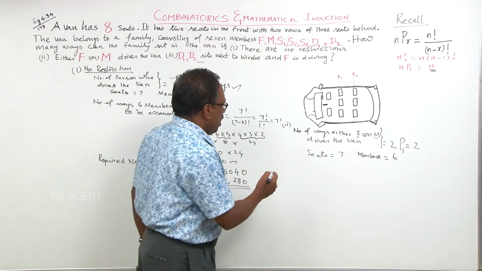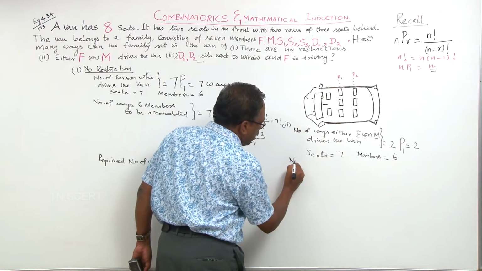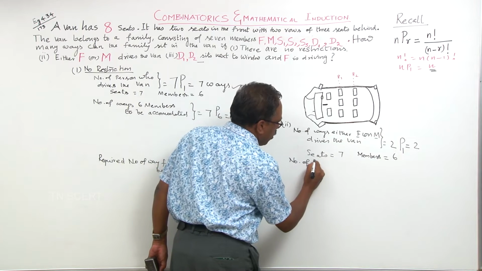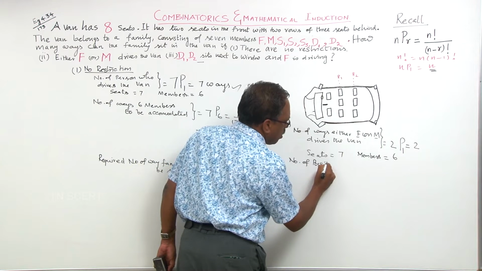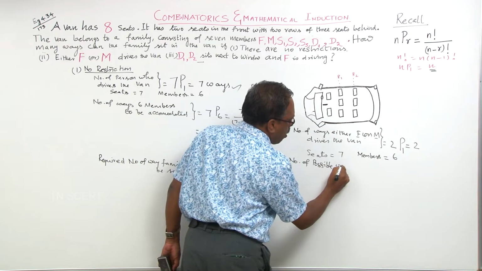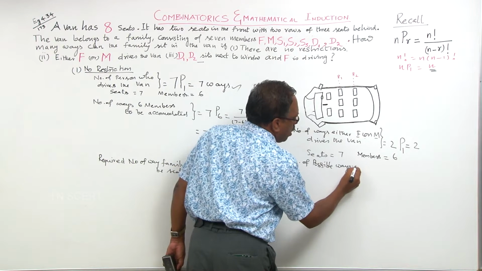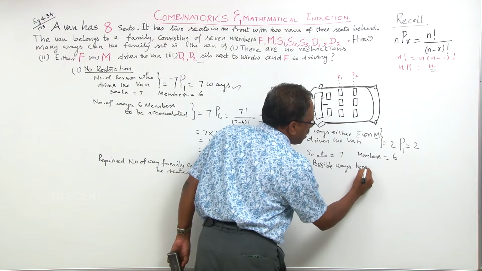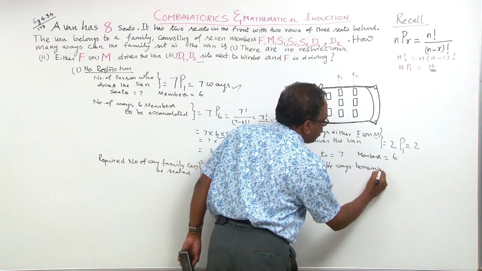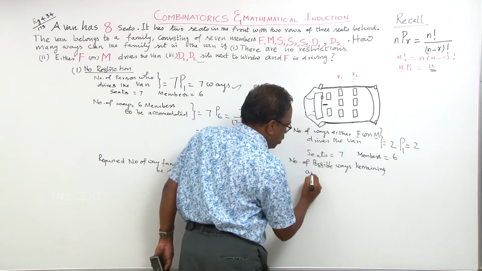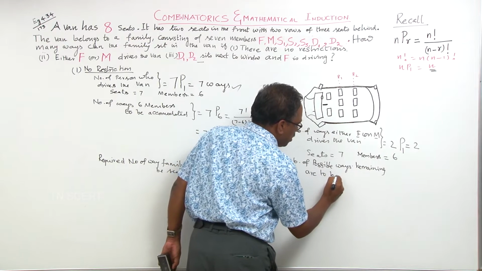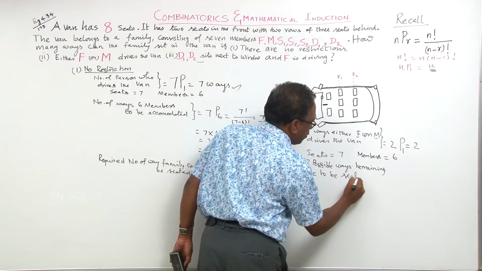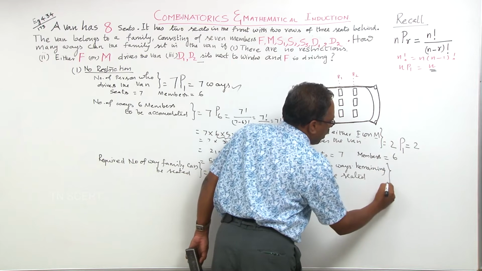So the number of possible ways the remaining are to be seated in the van.